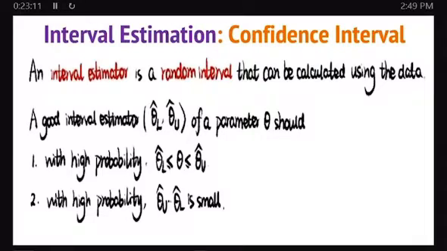Of course, I walked you through that last week, that there's always going to be error of estimation. We place a bound. Now, with the interval estimator, we believe that there's a particular interval that contains the true value of the parameter. But let me tell you this.